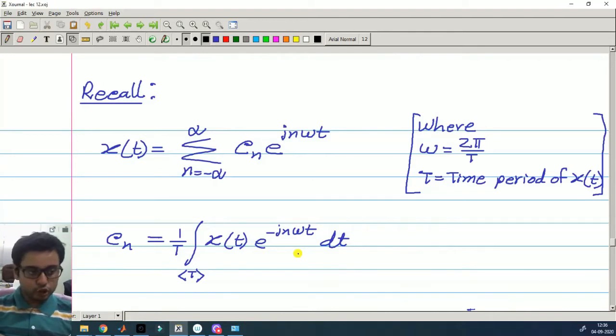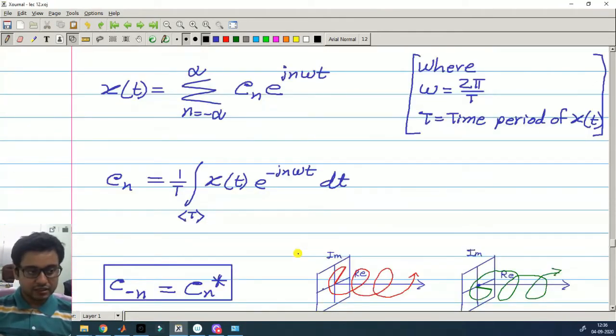And we also saw that these coefficients occur in pairs of complex conjugates. C minus n is C plus n star.